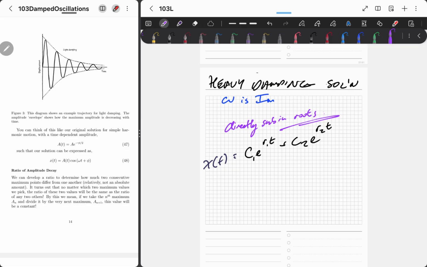We end up with just negative exponentials which decay faster. That's one of the reasons. We'll get to the other. But basically for heavy damping here, we have overall negative or decaying exponential functions with two unknown constants, C1 and C2, that will predict the motion.